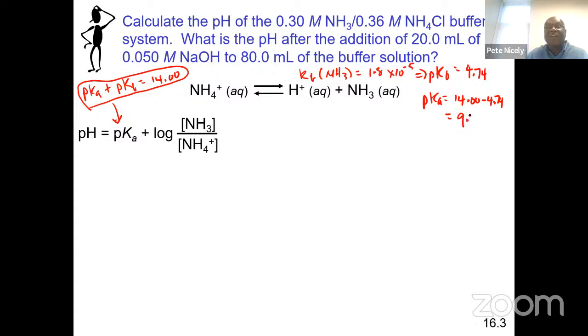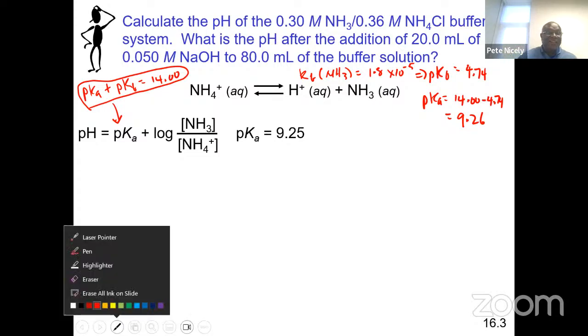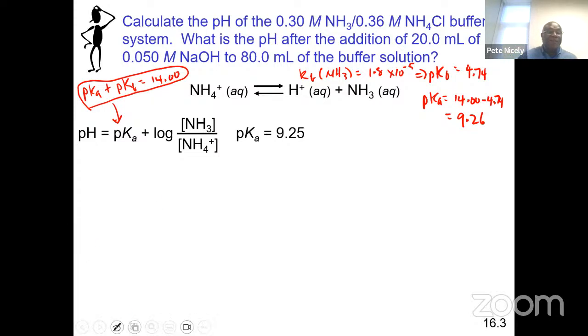9.26, according to my calculations, which I'm very confident that it is because that's a value that's right here, all right? So the pKa value, you'd have to calculate it, okay? And then you plug this value where the pKa is, and you plug in the values for the concentration of ammonia, which is 0.30, and ammonium, which is 0.36, and you're going to end up with this equation right here.